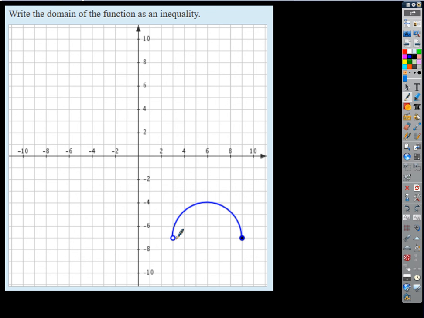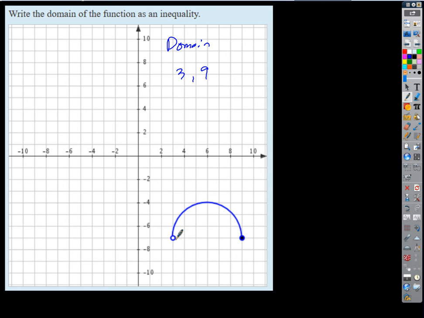Is that x or y values? X values, okay. So 3 would be my lower boundary. 9 is my upper boundary, right? And I could write that if I'm writing domain. What am I going to do with those? What goes here?